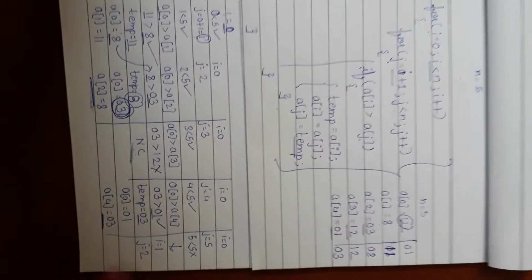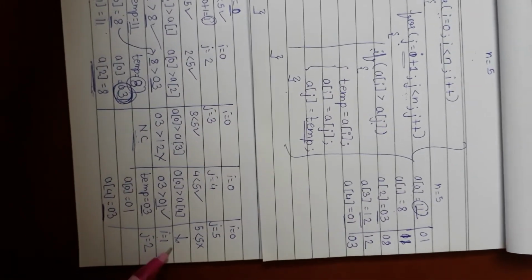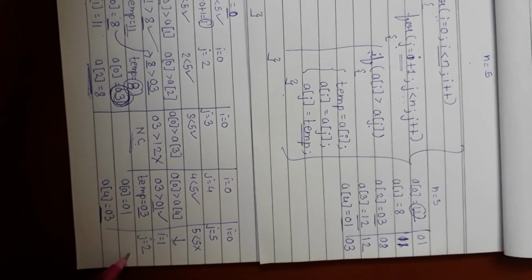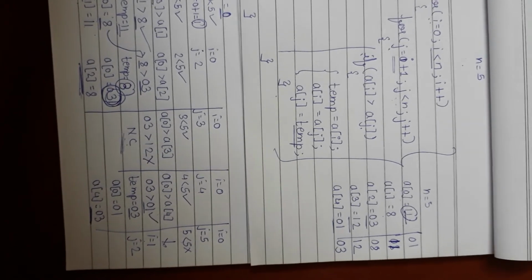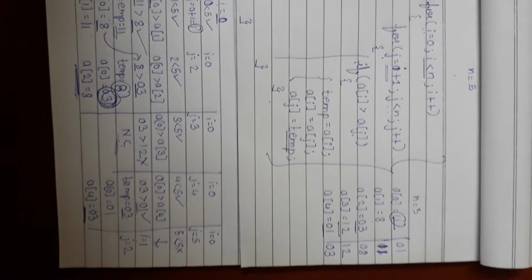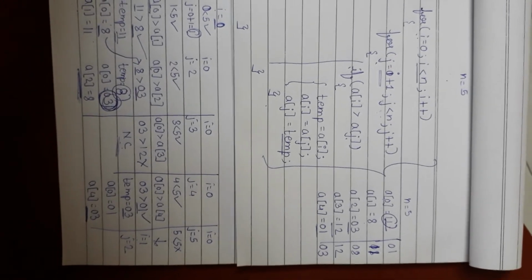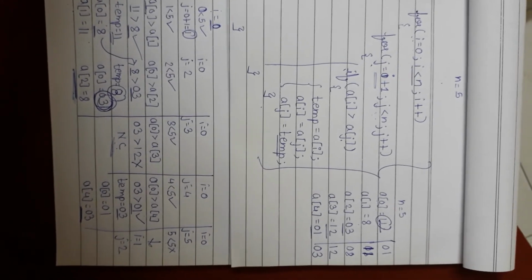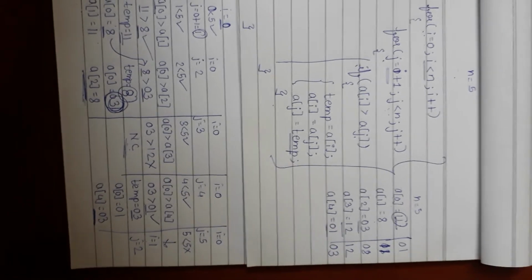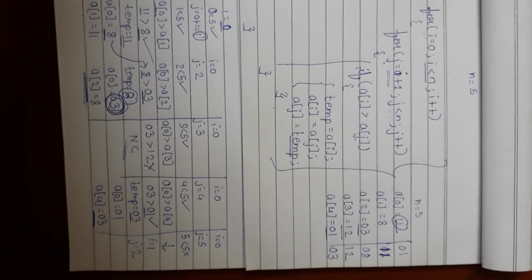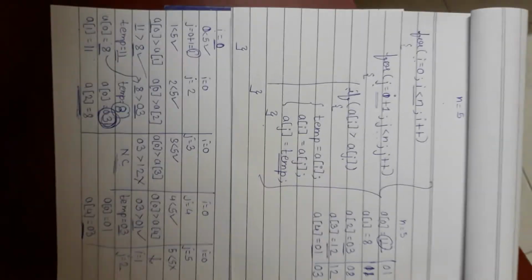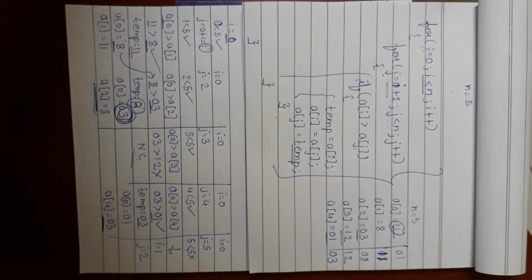After that, when we perform the second iteration, i equal to 1, j equal to 2, we will get the second smallest number, in the next iteration definitely at the position a of 1, we are going to have 03 as a value. So in each and every iteration we will get smaller numbers, and like that the sorting will take place.